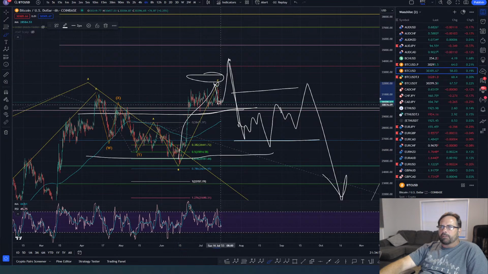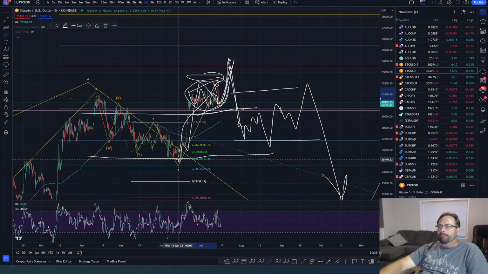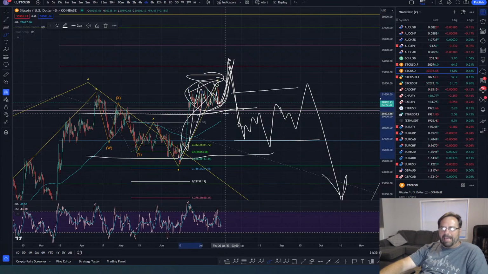We finished a correction here. We need to go tag the high one more time. That this was a wave 4 of some kind, and now this is a wave 5. So we got like a 1, 2, 3, 4, and 5. Now, granted, that's a really big wave 4. It took a lot of time and energy compared to the rest of the wave. Hard to see that as a wave 4.